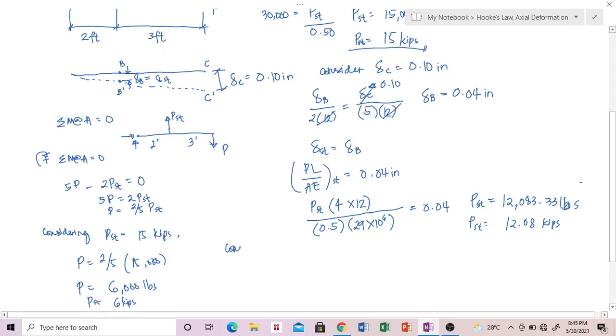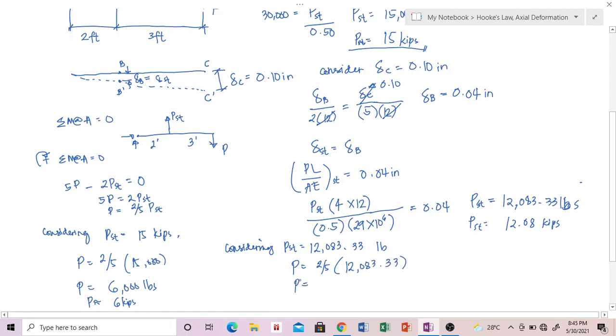Considering P steel equivalent to 12,083.33 pounds, we have P equivalent to 2/5 of 12,083.33.